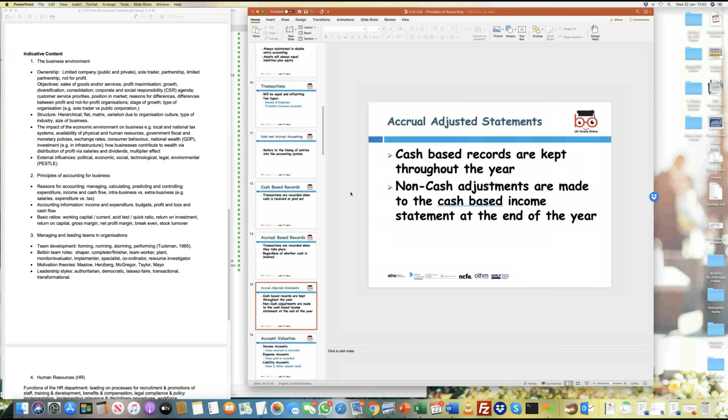So if I say I'm going to keep aside 100 pounds for electricity, that means you're budgeting towards it. You're creating a budget for a particular activity.